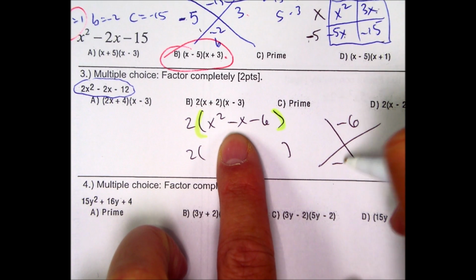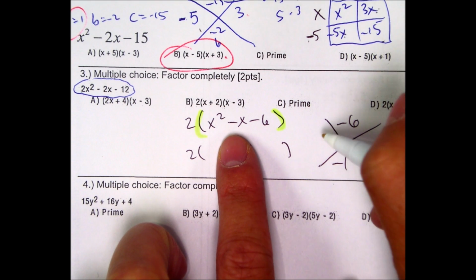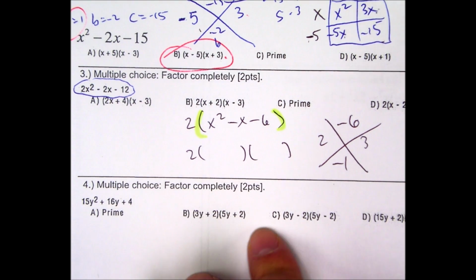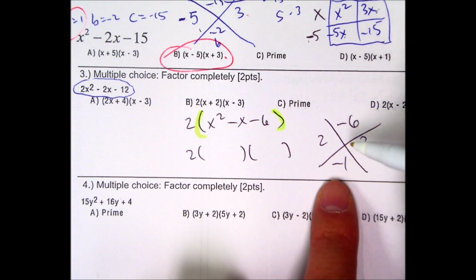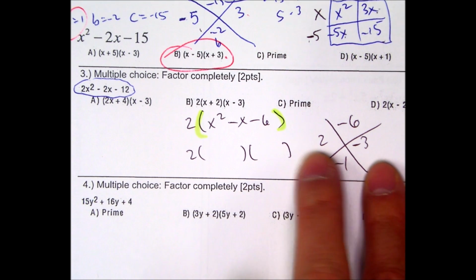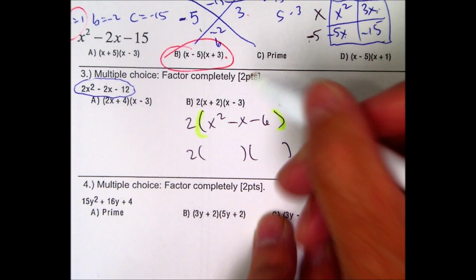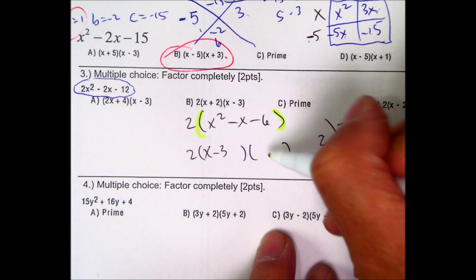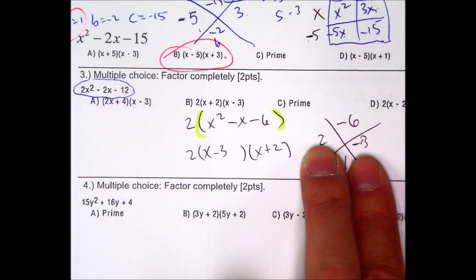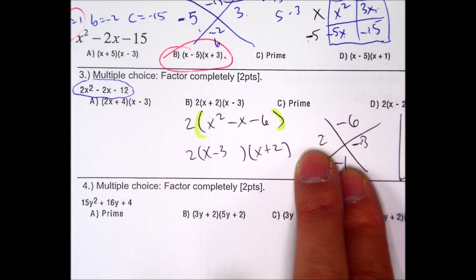B value is negative 1. Two numbers that multiply to be 6 are 2 and 3. I need a negative number, so this one will have to be bigger. And then you're just really looking for negative 3 and positive 2 as your answer. Again, if you don't see that, just put it inside the box.